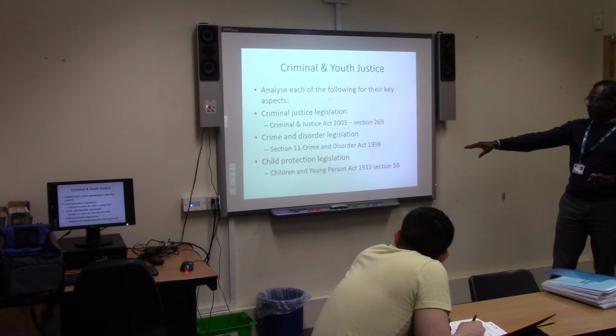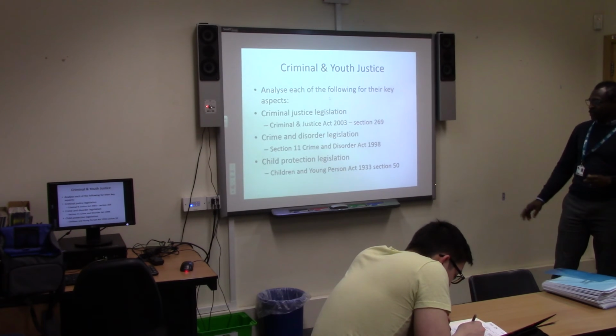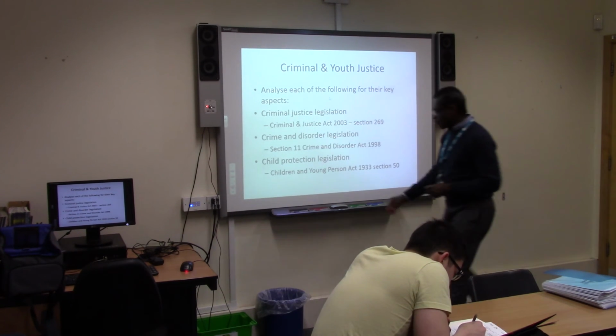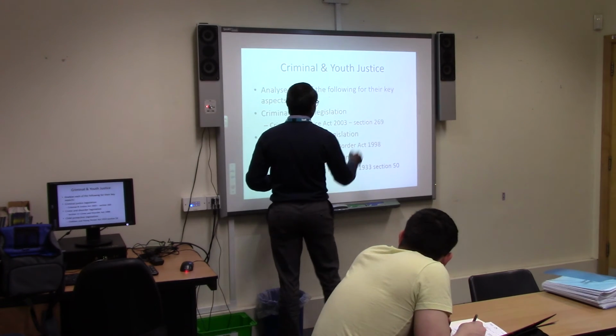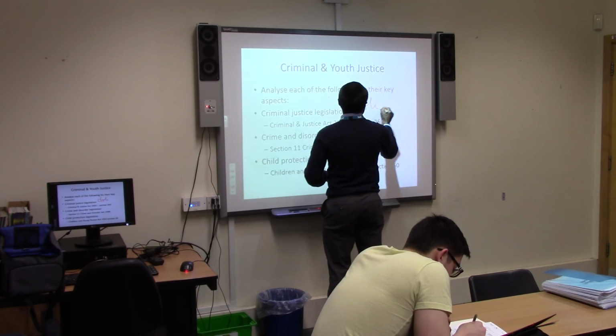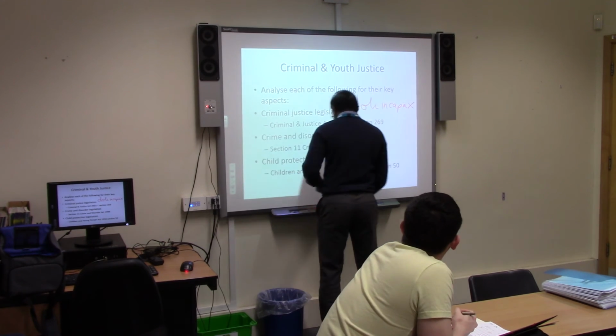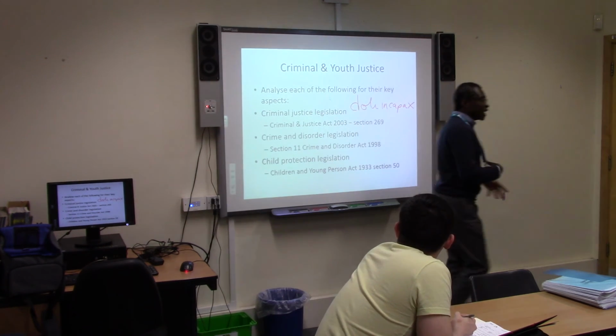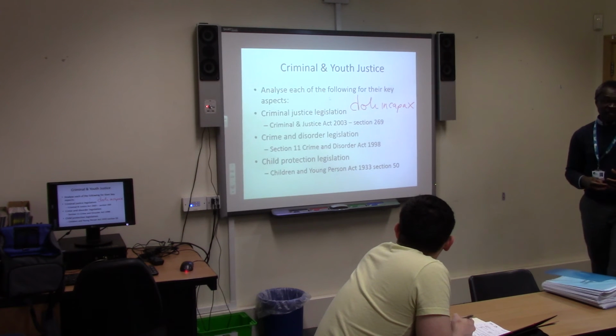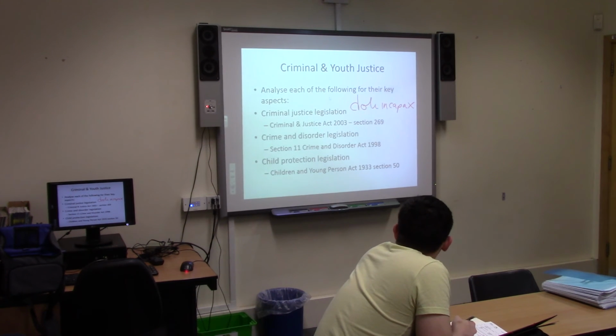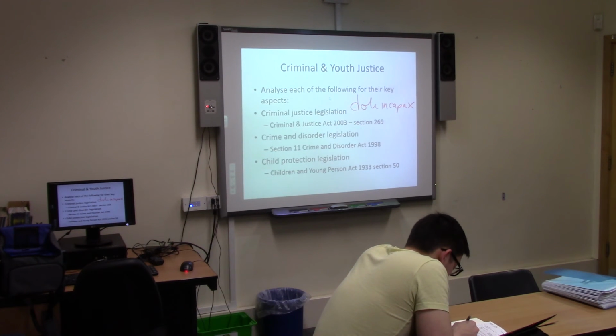Section 50 of the Children and Young Persons Act 1933, you'd come across a Latin phrase called doli incapax. What's that? Incapable of crime or something like that. Link that to section 50 of the Children and Young Persons Act, and then comment on those provisions.